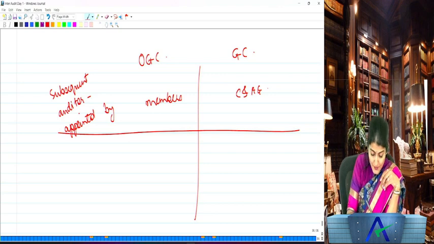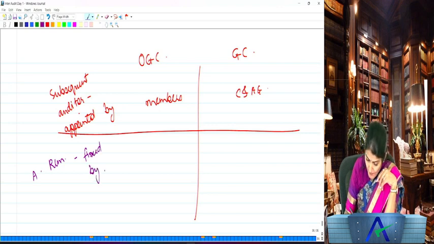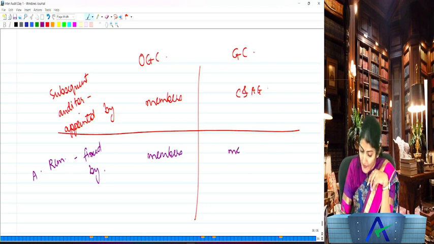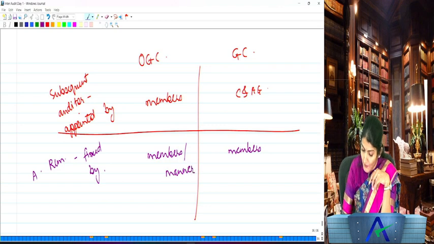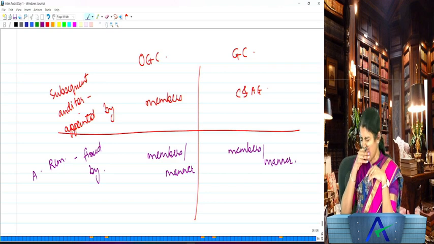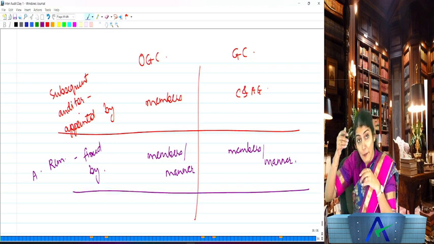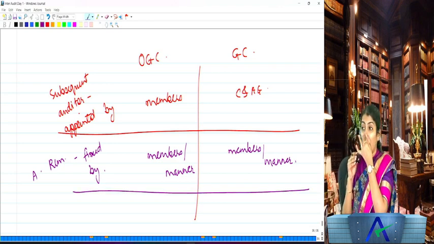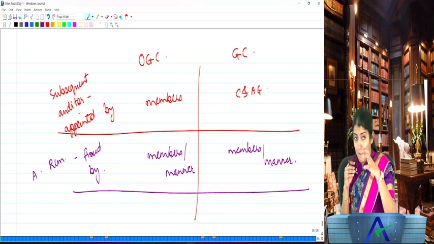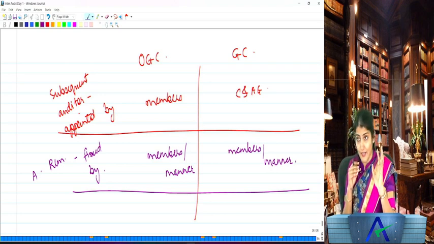But the auditor's remuneration is fixed by members or in the manner determined therein, and here also members or the manner determined therein. Are you understanding that? So though the auditor is appointed by the C and AG in case of the government company, the remuneration of the auditor in case of a government company is decided by the members in the general meeting or in the manner determined therein. Are you understanding that? Okay.